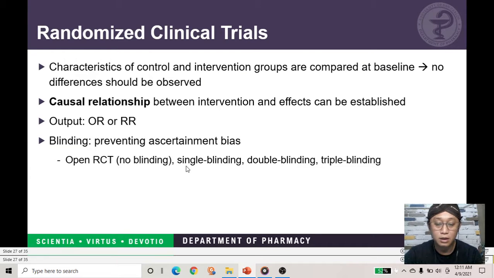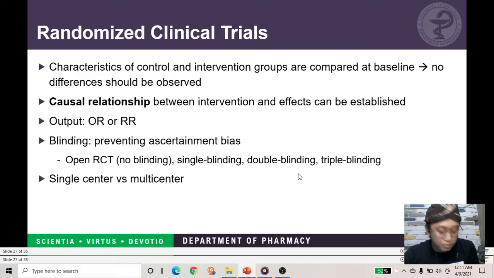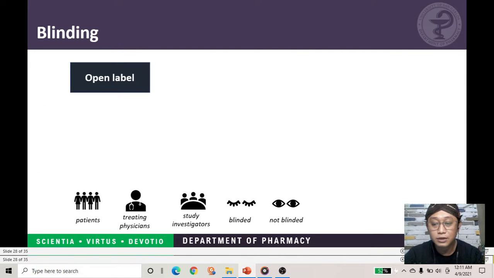But there are other blinding types: single, double, and triple blinding. The randomized clinical trial can be conducted in a single center or multi-center. The multi-center, as you might think, is better than the single center trial. So let's see the differences between the blinding types that I mentioned before.